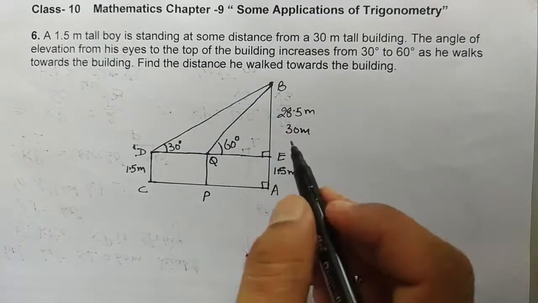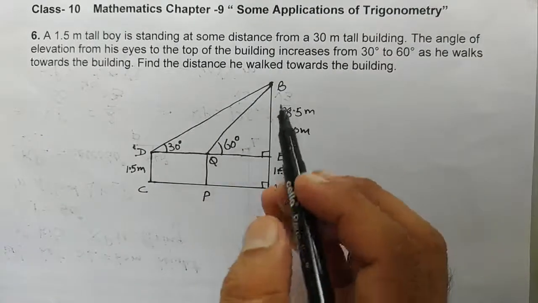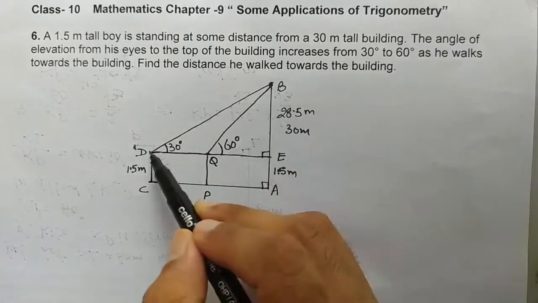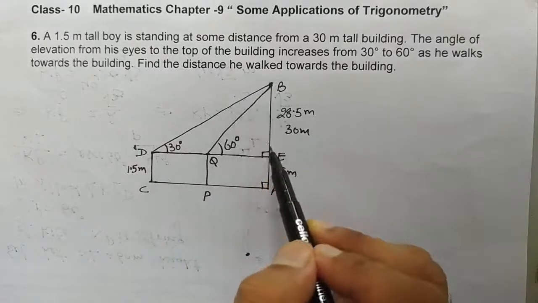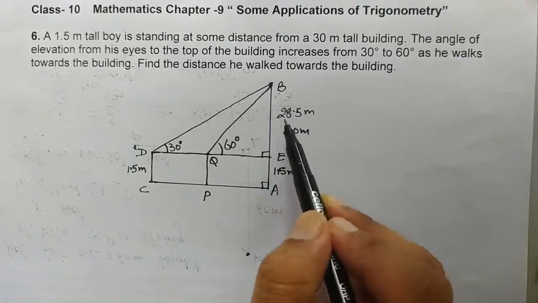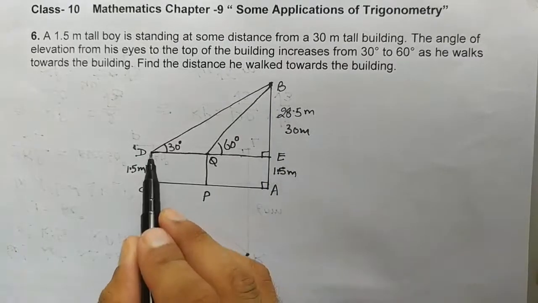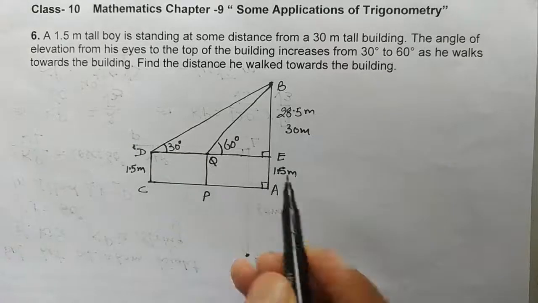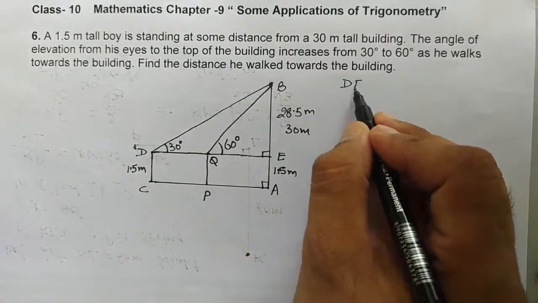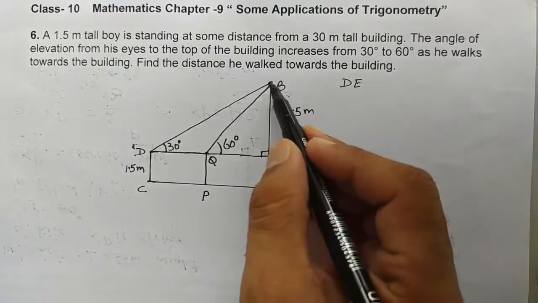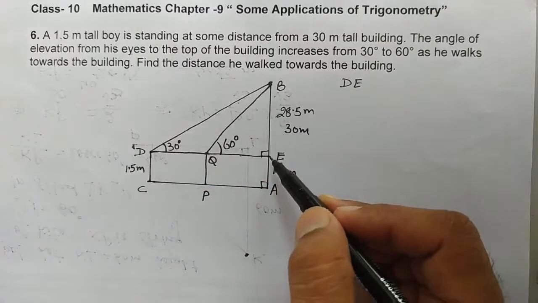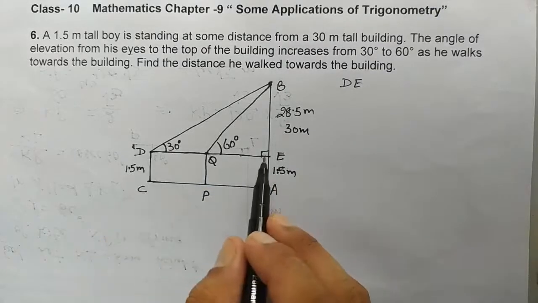Now what we do, see here, in the bigger right angle triangle BED, BE is given 28.5. We can find out the value of DE. Okay, one side of the right angle triangle is given, so we can find out the other sides by T ratios. So in right angle triangle BDE, BE is given, so we can find out DE very easily.